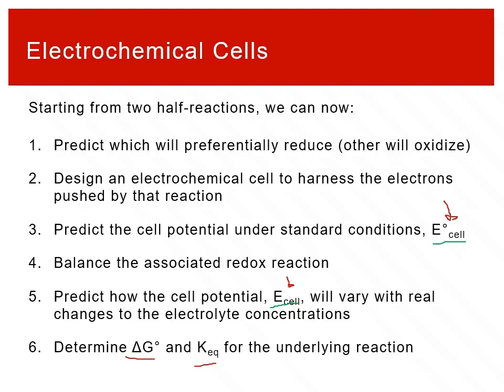You just use a voltmeter, and then you can take those easy to measure values and turn them into interesting but hard to measure values like the delta G and the equilibrium constant. So we got a nice comprehensive description of these spontaneous electrochemical cells.